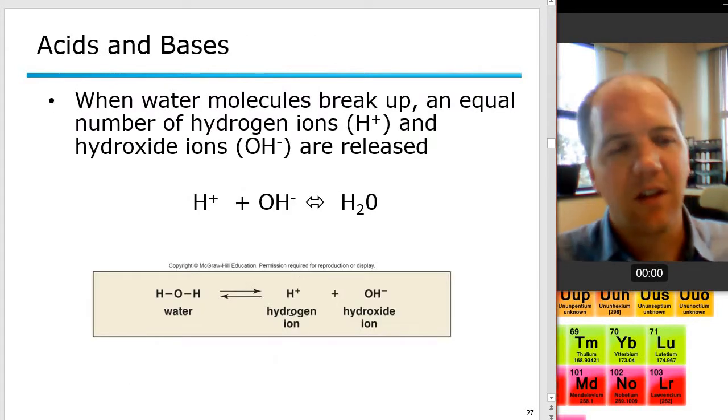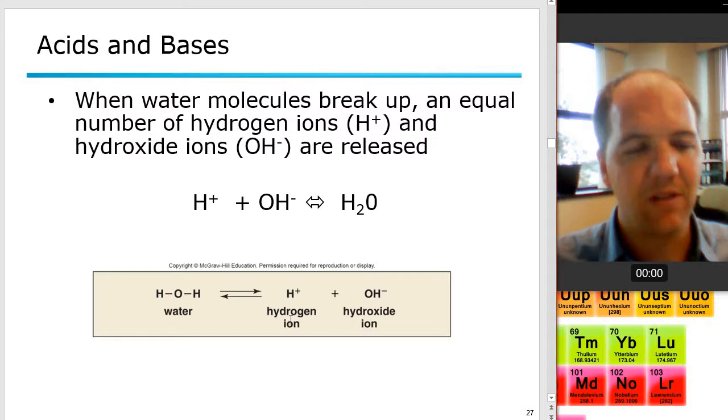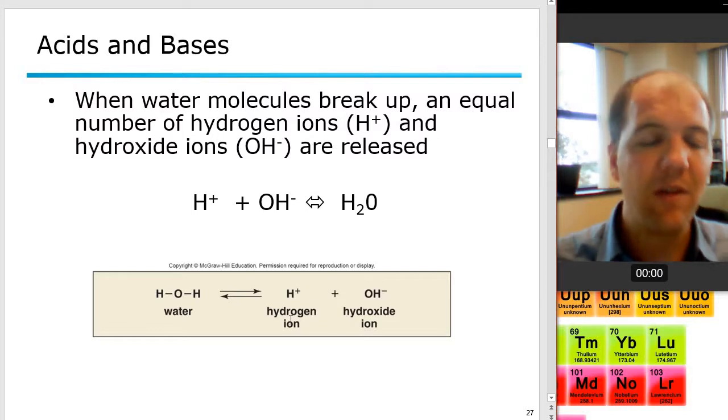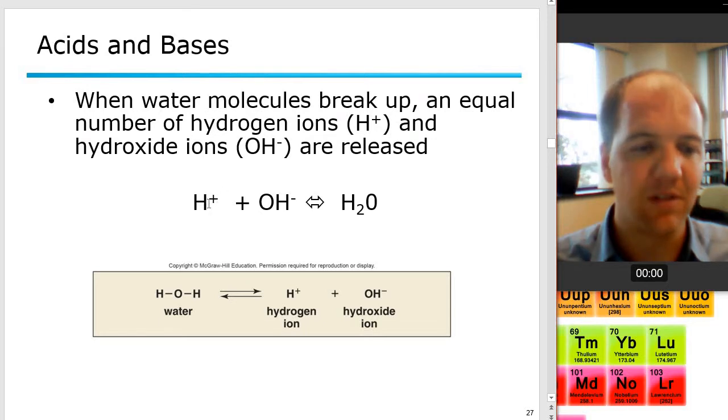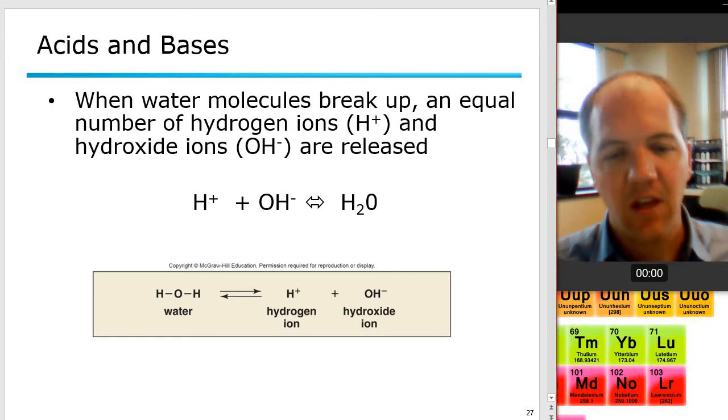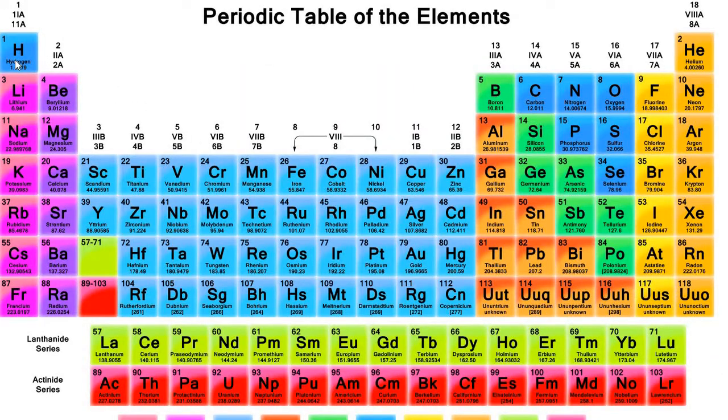The last thing to talk about here is this idea of acids and bases, and this is related to water as well. Because when water molecules break up, you end up with this situation here where you have hydrogen ions. We call this a hydrogen ion because it has a charge. So what does a hydrogen ion look like? Well, if we go back to our periodic table, hydrogen has one proton, so when it has no charge, it has one electron.